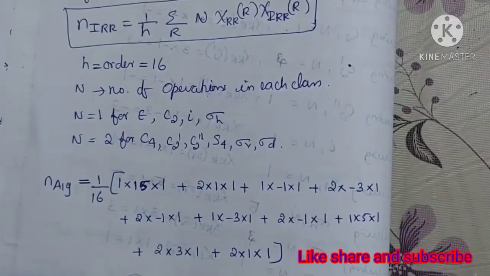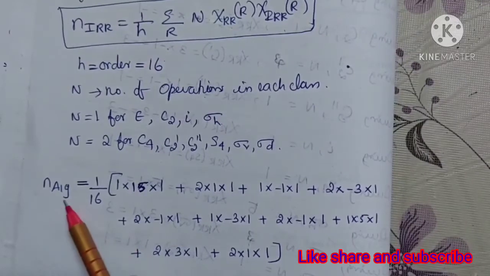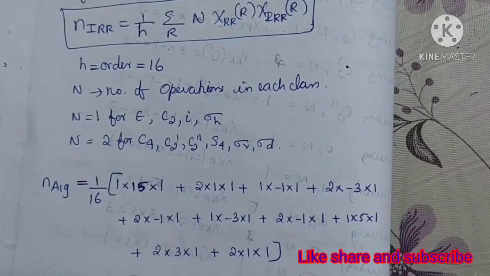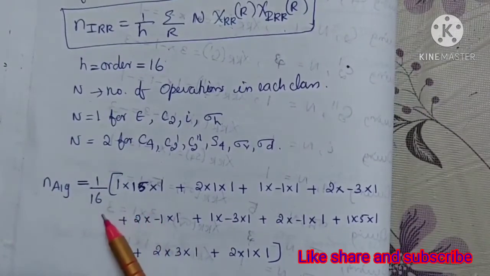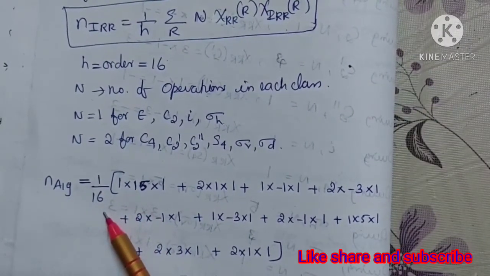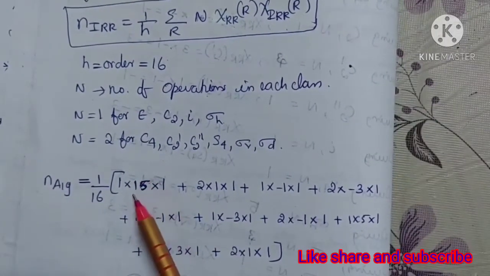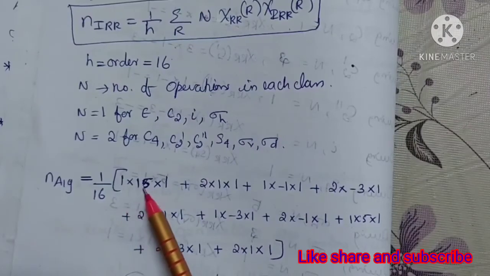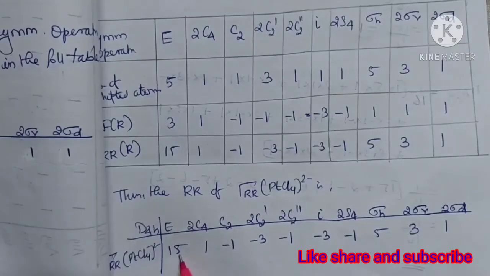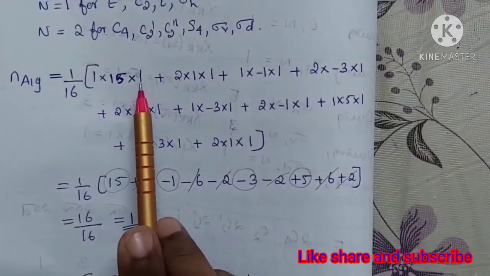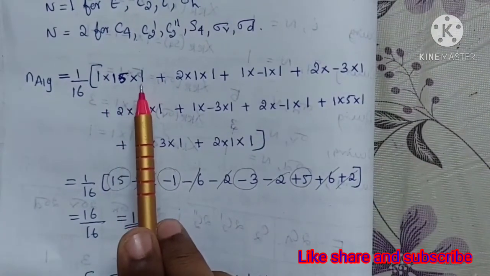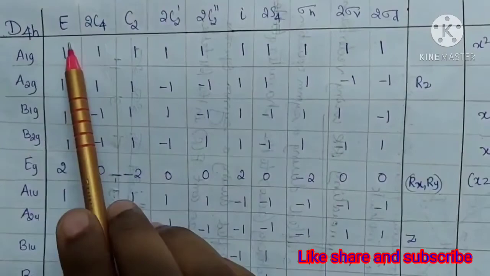Here I have shown a simple calculation for the first irreducible representation, A1G, that is 1 by 16, that is 1 by the order, into the summation of the number of operations in identity, that is 1, and 15 that comes from the reducible representation, and this 1 comes from the irreducible representation A1G under the operation E. Here you can see 1.